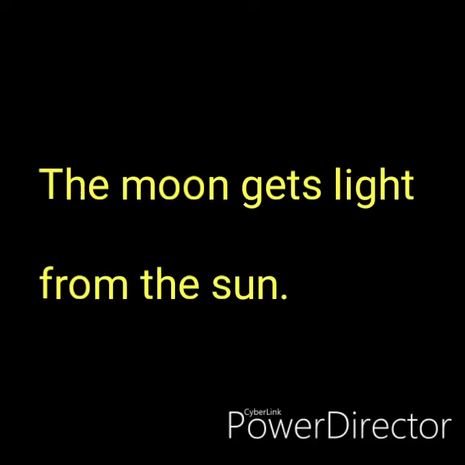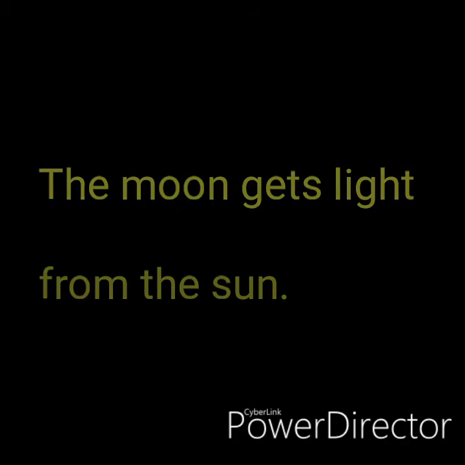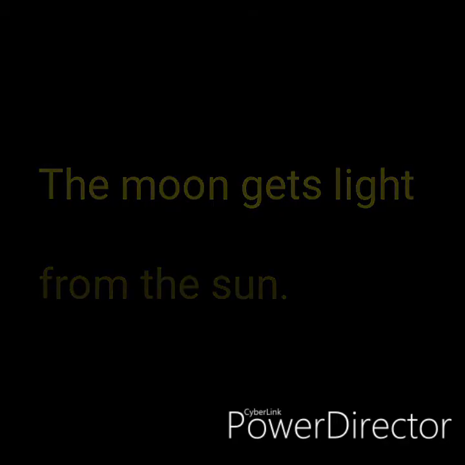The moon does not have its own light, and it shines because of the light of the sun. That is a universal fact, or you can say it is also a scientific fact because it is scientifically approved.